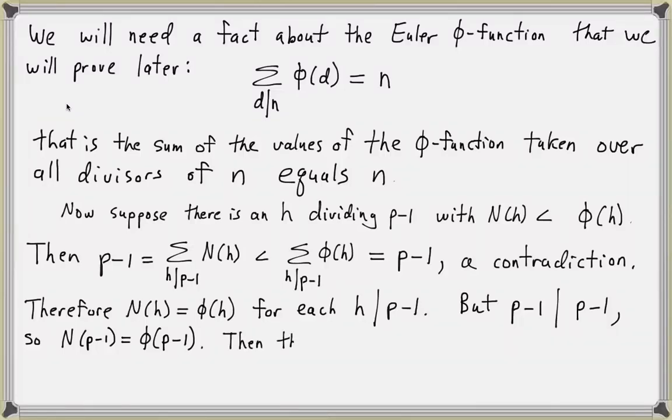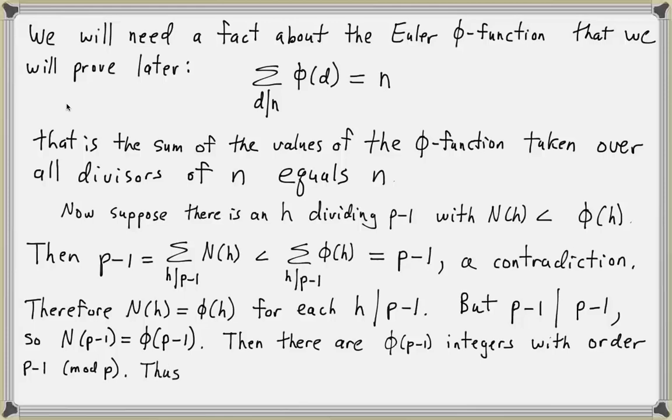So then there are phi of p minus 1 integers with order p minus 1 mod p, but all these integers are therefore primitive roots.